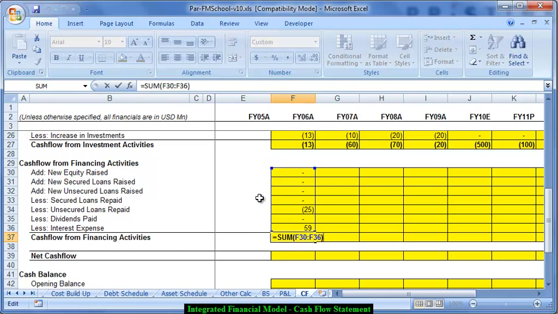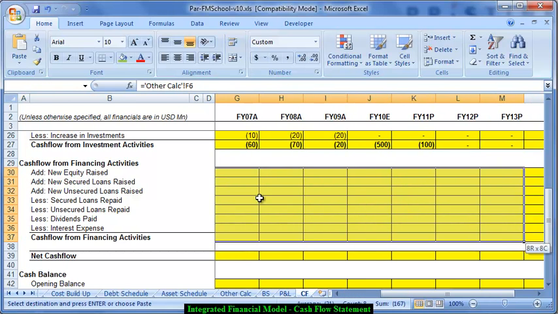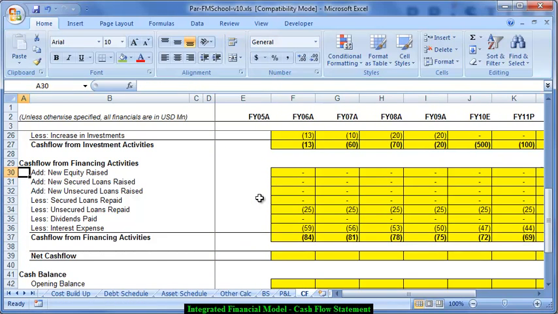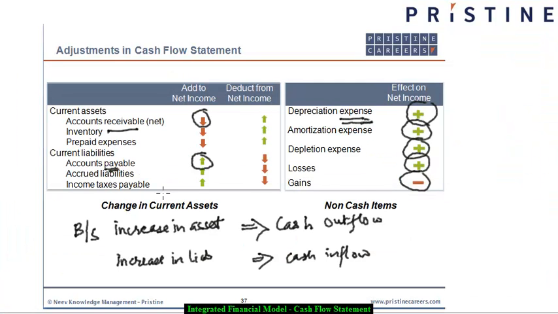Please note that interest expense is again a negative expense. This is again a negative number. Let's put a negative in front of this. Please note that these are all cash outflows and you have to clearly demarcate cash outflows from cash inflows. Please make sure that when you link, you link with the right sign. I am linking all cash outflows as negative.